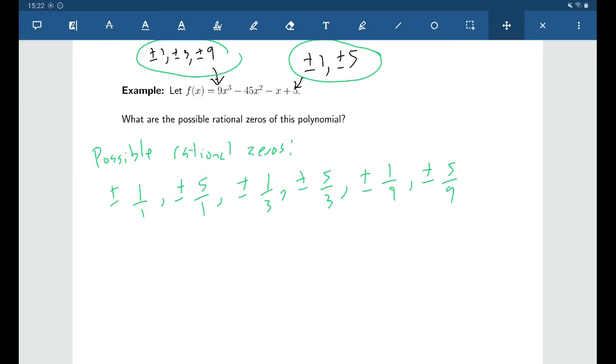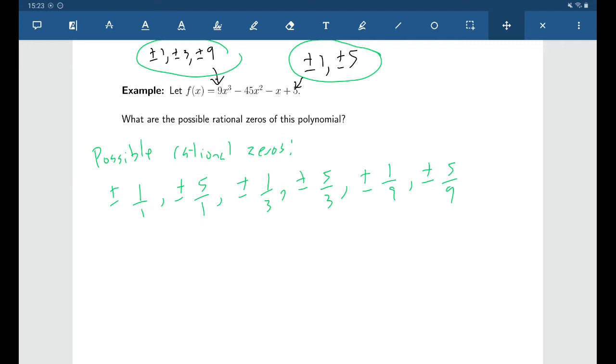So that means anybody who's not on this list automatically could not be a rational zero. So for example, do I need to test whether x minus 2 is a factor? No, I don't. I know that it can't be a factor because 2 is not on my list. How about x minus 3? Well, there's no 3 on my list, so x minus 3 couldn't possibly be a factor.